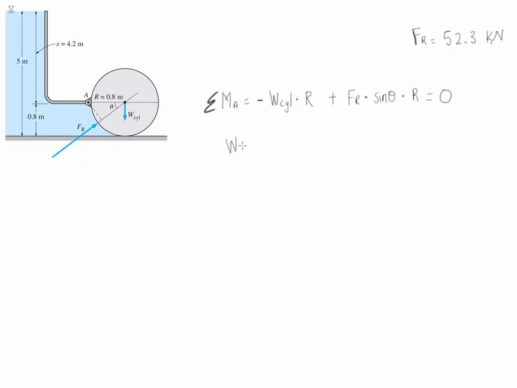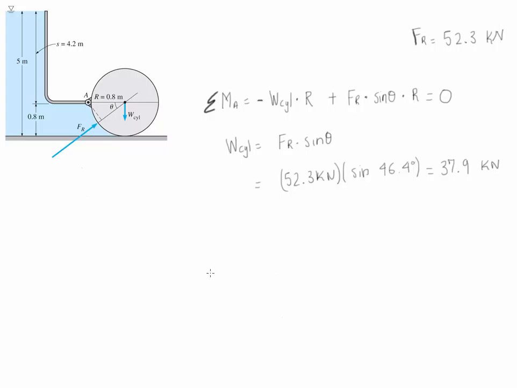Therefore, we can calculate that the weight of the cylinder is simply FR times sine of the angle. We take that to be 52.3 kilonewtons times sine of the angle that we obtained in the previous step, 46.4 degrees, and that gives us a weight of 37.9 kilonewtons.